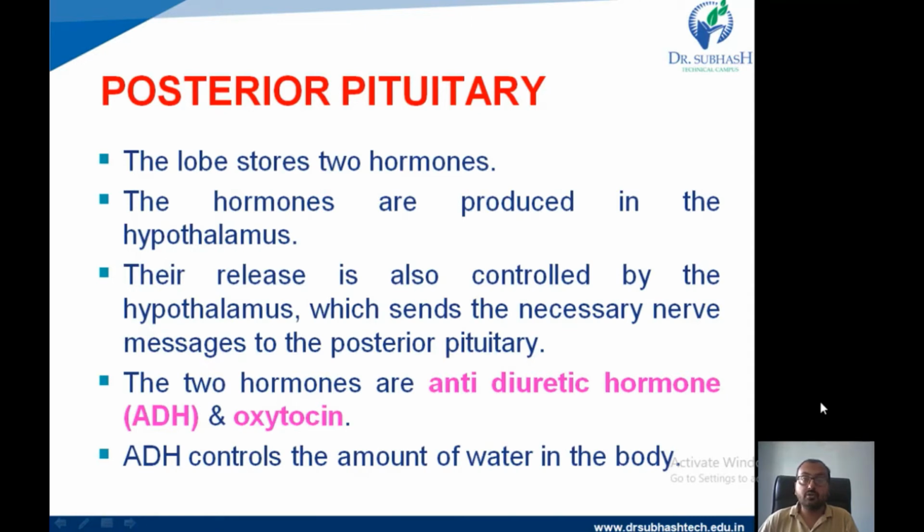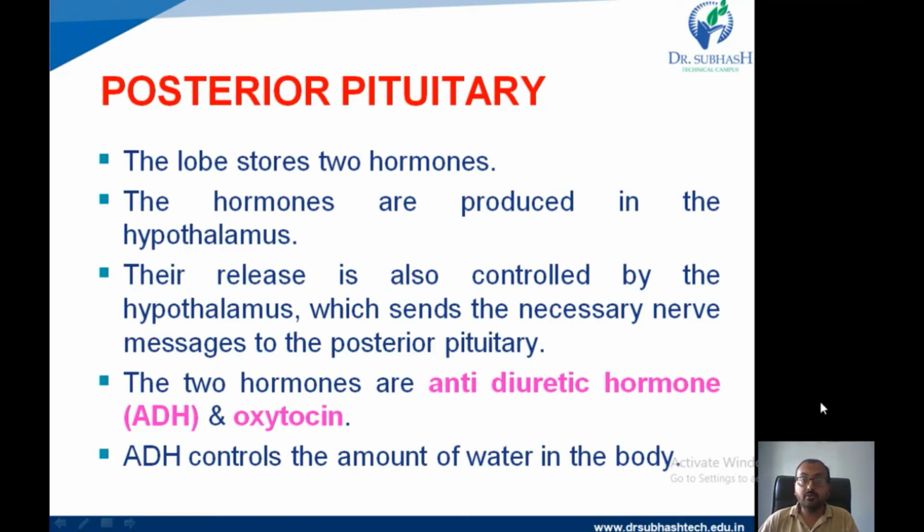The lobe that stores two hormones. Remember one thing: it does not produce any hormones. It just stores two hormones, because these two hormones, antidiuretic hormone and oxytocin, are synthesized in the hypothalamus and then released to the posterior pituitary gland for further need.